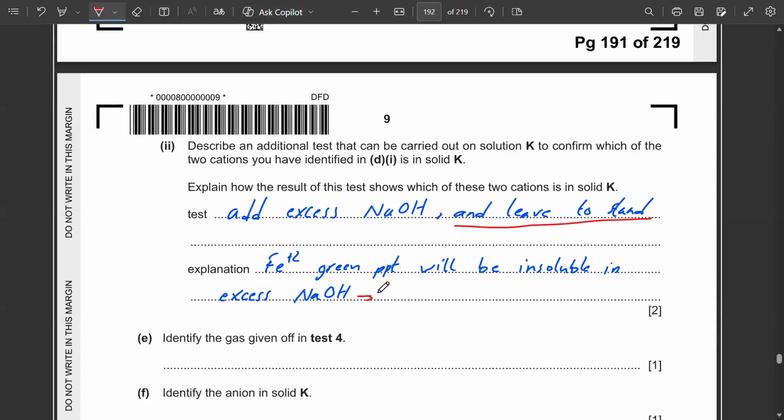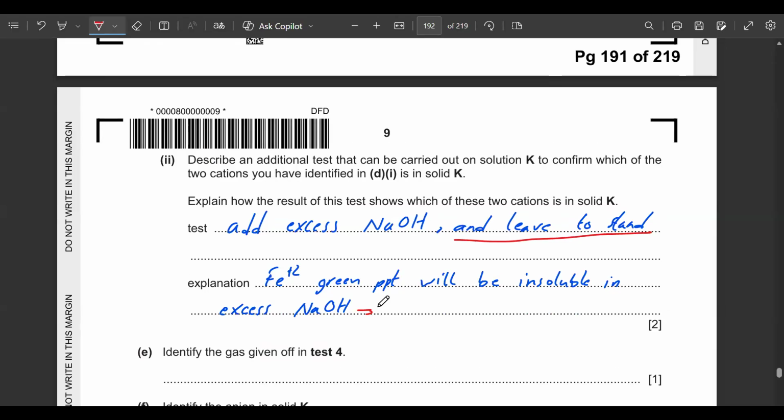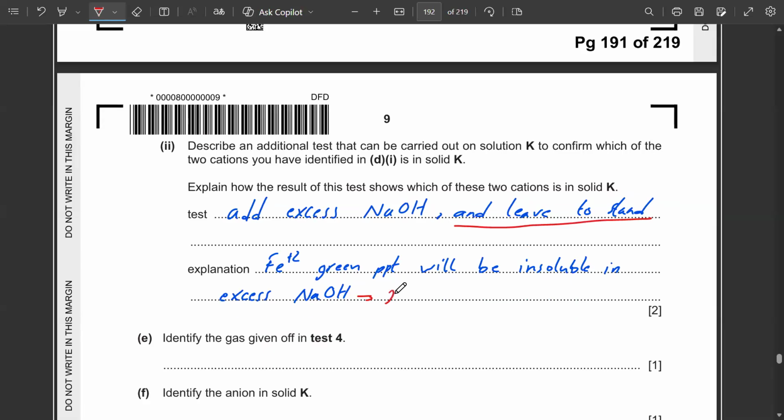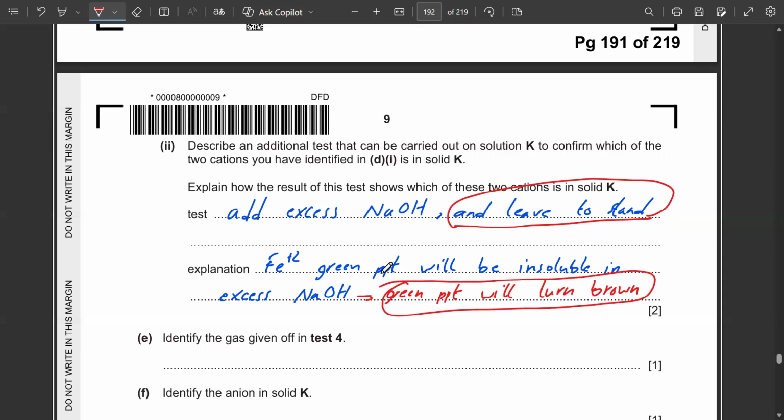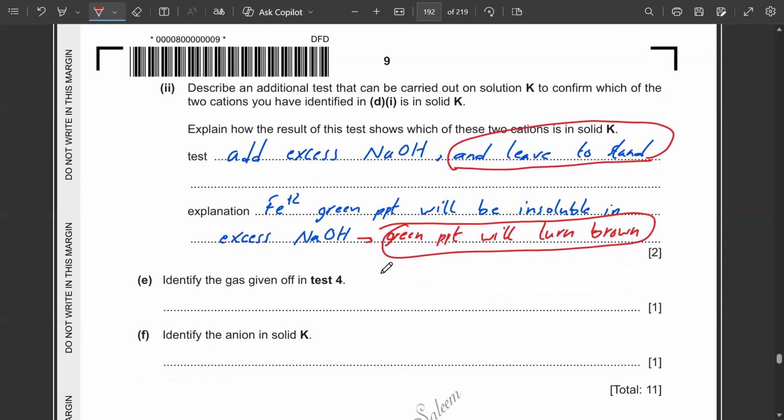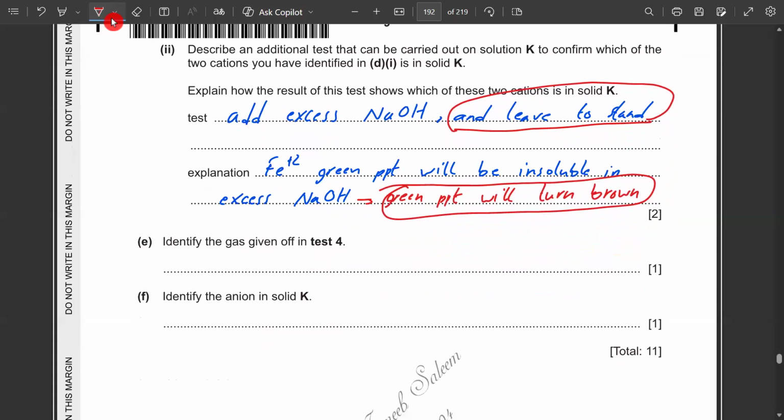The iron plus 2 ions will change its color from green precipitate to brown. Green precipitate will turn brown. So this part is linked with this part. So you have multiple ways to differentiate the iron plus 2 ion and chromium plus 3 ion. If it is still unclear, you can let me know.